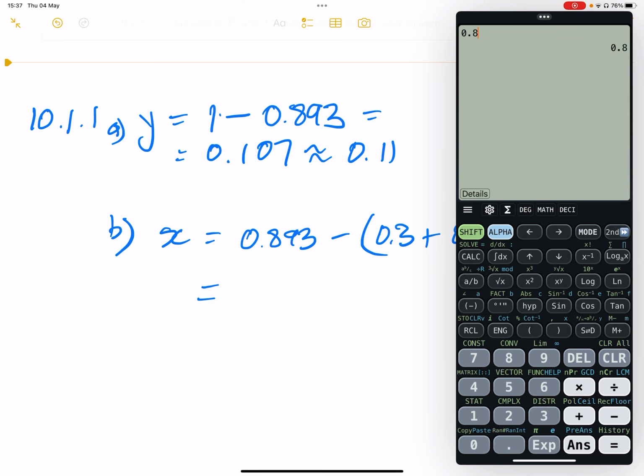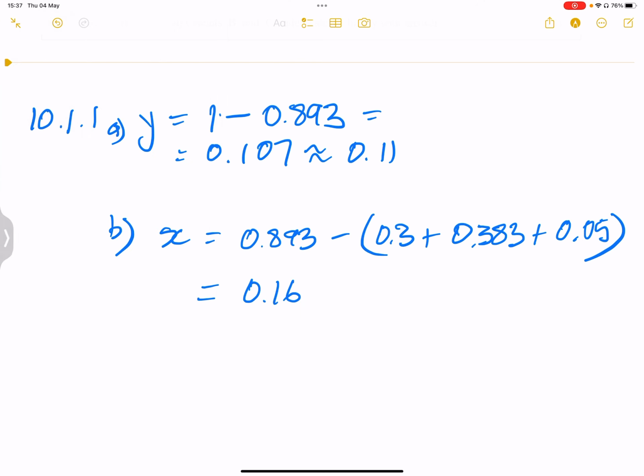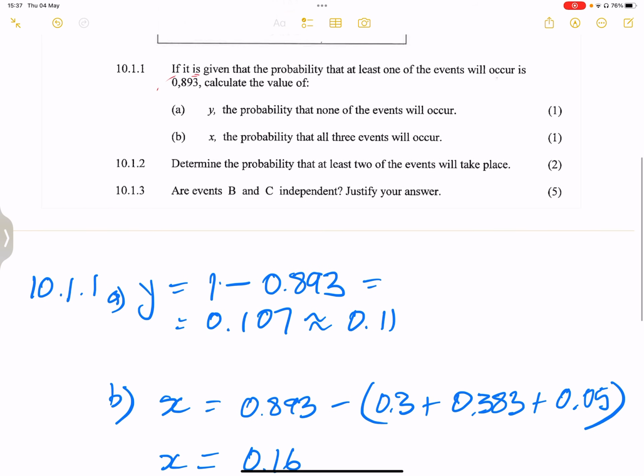That's 0.893, and we subtract 0.3 plus 0.383 plus 0.05. That gives me a value of 0.16. So it means that X is that value of 0.16. I hope that makes sense, ladies and gents.